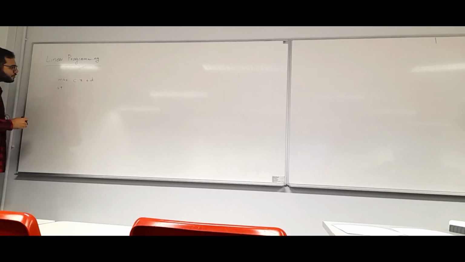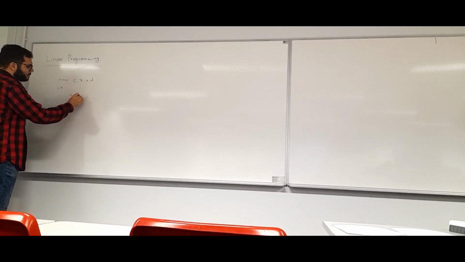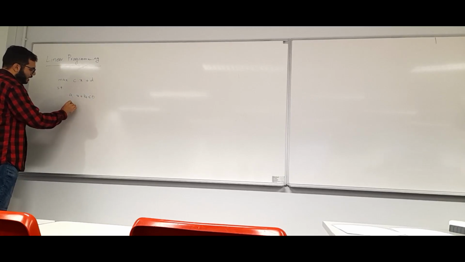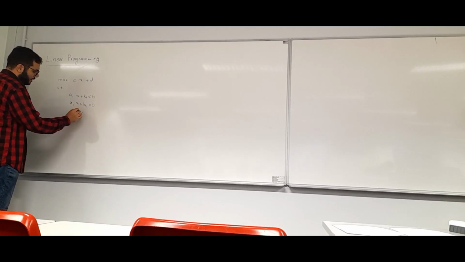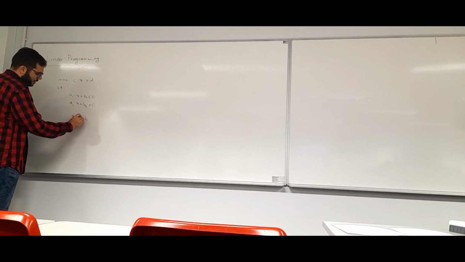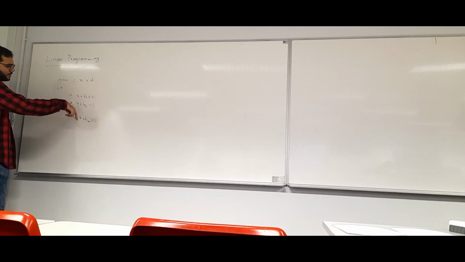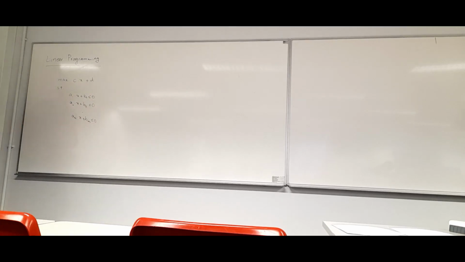subject to a bunch of other linear constraints, such that, let's say, a1x plus b1 is less than or equal to 0, a2x plus b2 is less than or equal to 0, and so on. And here the bi's are just constants and the ai's are vectors.